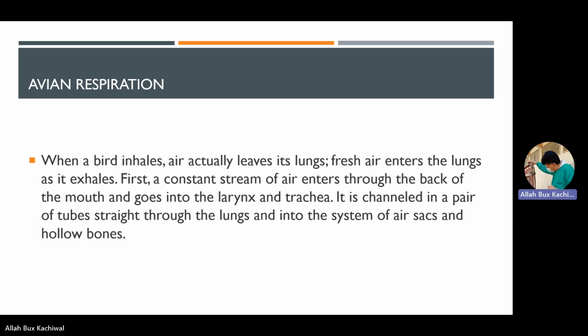A constant stream of air enters through the back of the mouth and goes into the larynx and trachea. It is channeled in a pair of tubes straight through the lungs and to the system of air sacs and hollow bones.